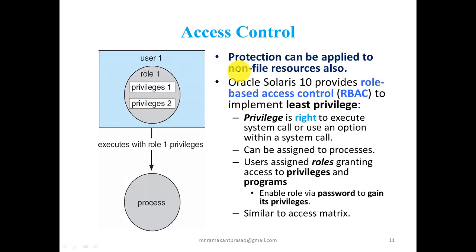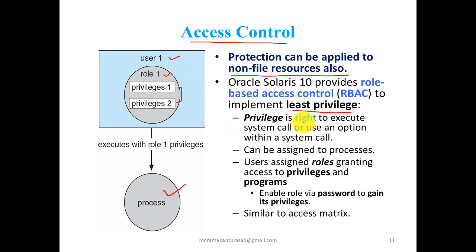What is access control? In this slide we are going to see the access control mechanism. So user 1 has role 1 and has two privileges, 1 and 2, and is going to access the process. So protection can be applied to non-file resources also. Oracle Solaris 10 provides role-based access control to implement least privilege.